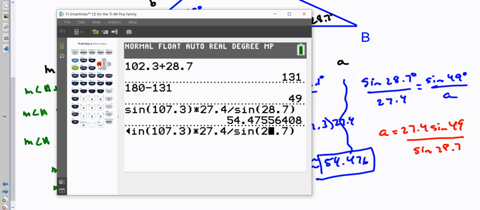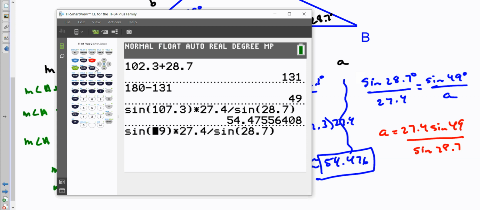It's the same thing here, same thing there. We just have to change this portion right here. We're going to make that 49 degrees. Delete that, and we'll put in 49.